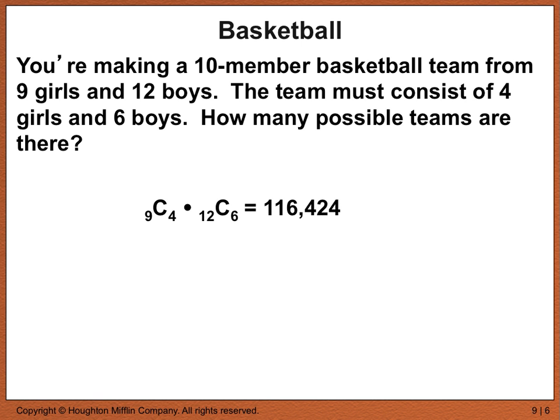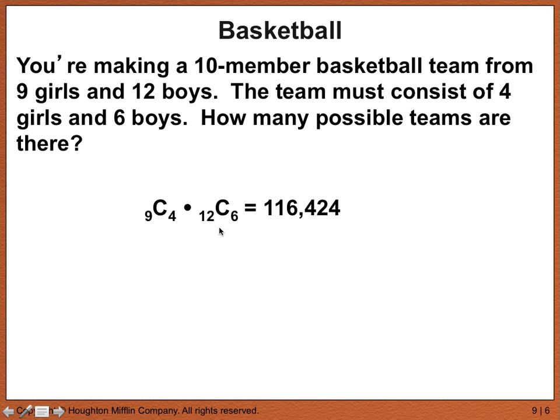So this is what you should have come up with. 9C4 times 12C6 equals 116,424. All right, where did we get this from? The 9C4 accounts for the 4 girls who will be on the team. There's a total pool of 9 girls, from which 4 are chosen.